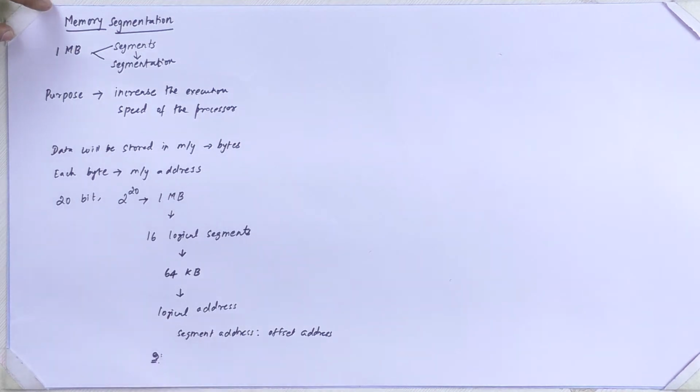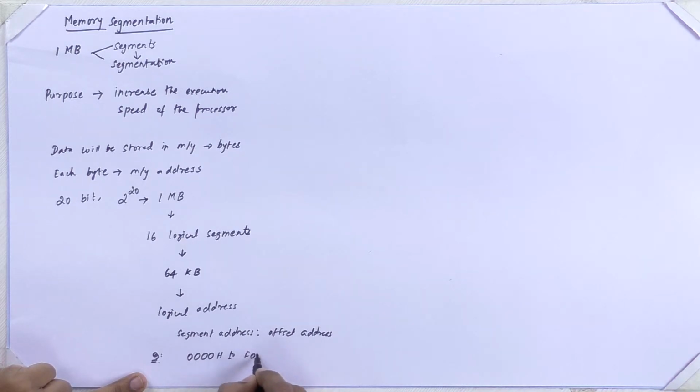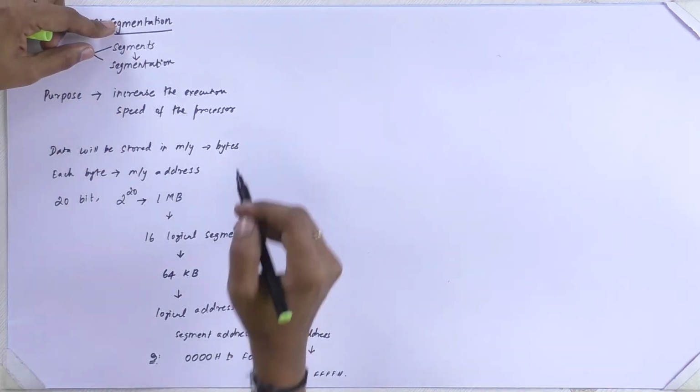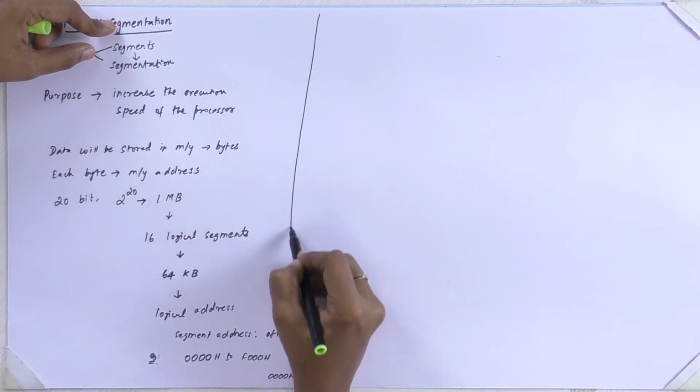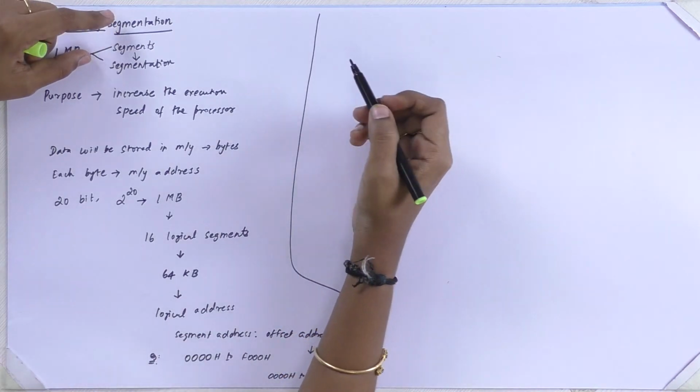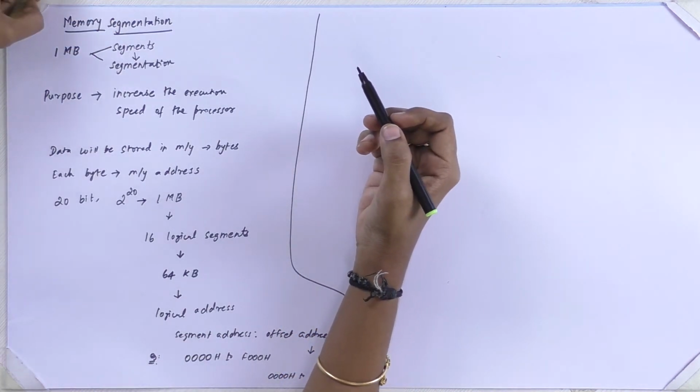For example, the segment address ranges from the value 0000H to F000H, and the offset address ranges from the value 0000H to FFFFH.